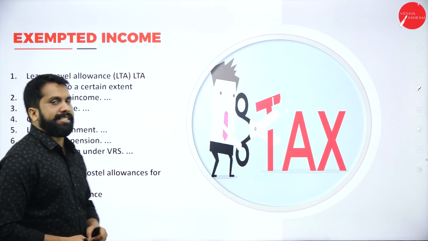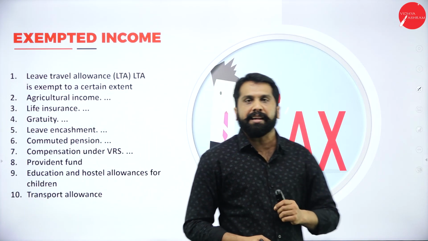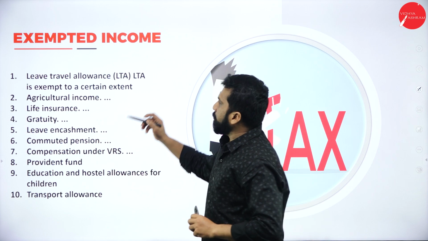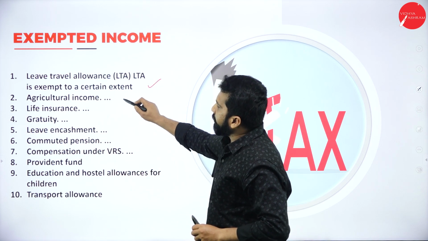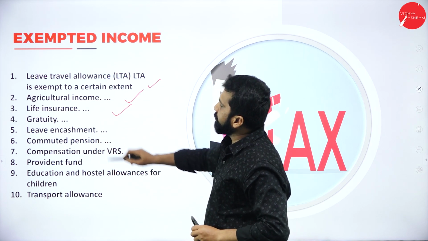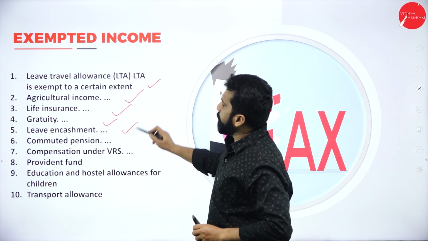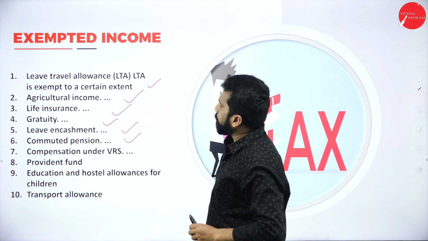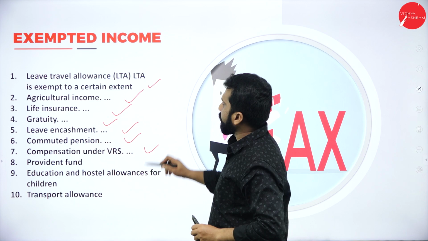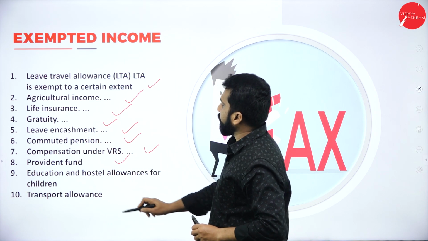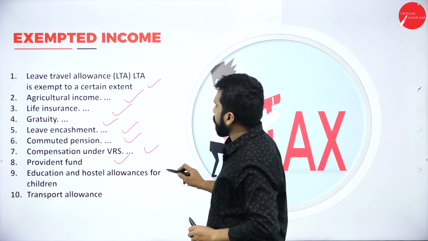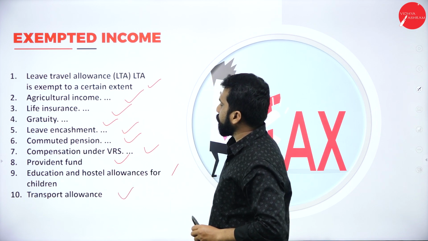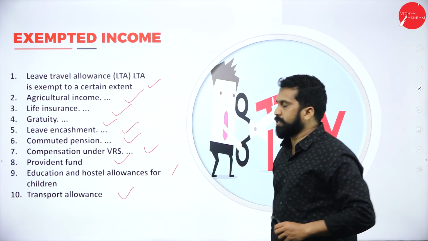So these are the exempted items you have to write down: leave travel allowance, agricultural income, life insurance, gratuity, leave encashment, commuted pension, compensation under VRS, provident fund, education and hostel allowance, transport allowance.